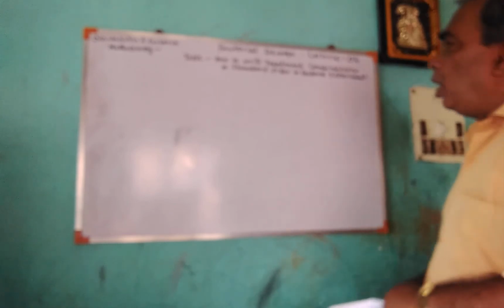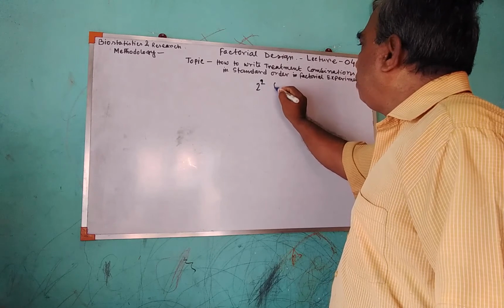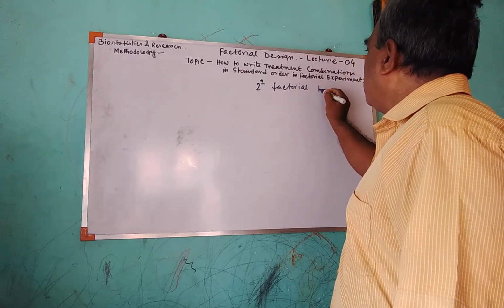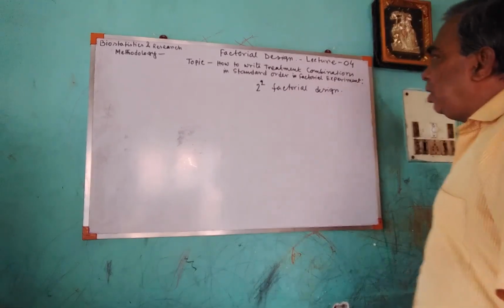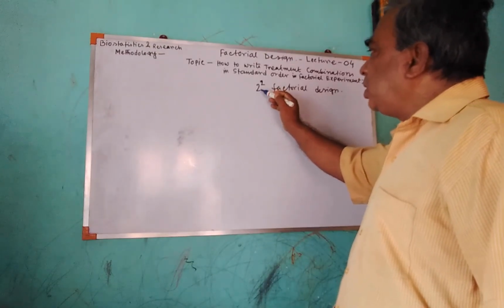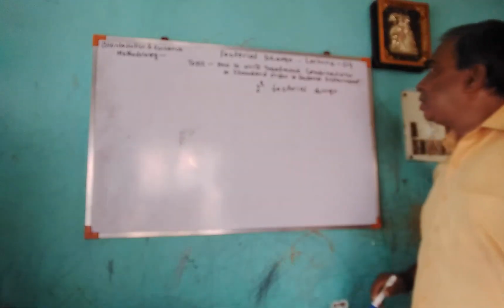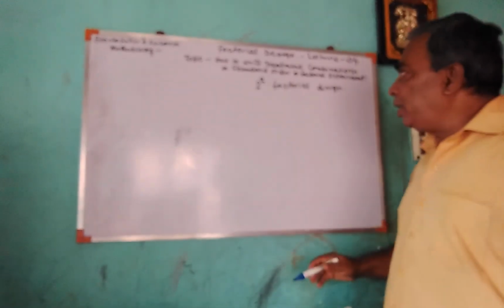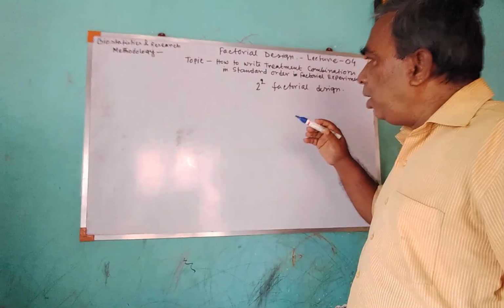Suppose a 2 square factorial design. A 2 square factorial design means there are two factors, each factor having two levels. You will see in my previous lecture, lecture number 3 of factorial, I have already explained factor and level.